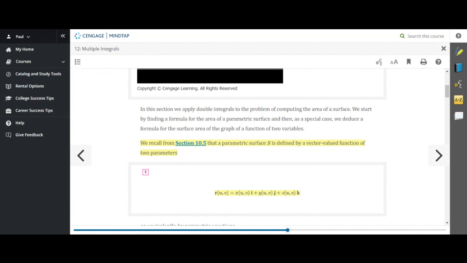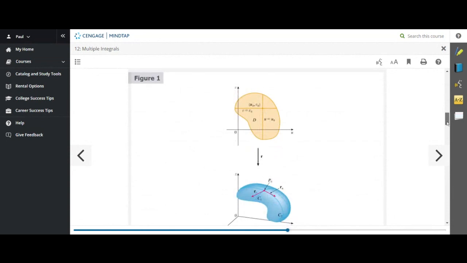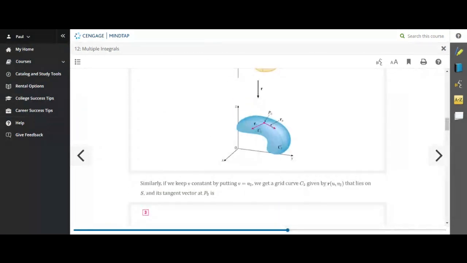Now, sometimes instead of u and v, you might have x and y, you might have r and theta, it'll vary, okay? But the point is that as u and v vary in the UV plane, you can trace out a surface.